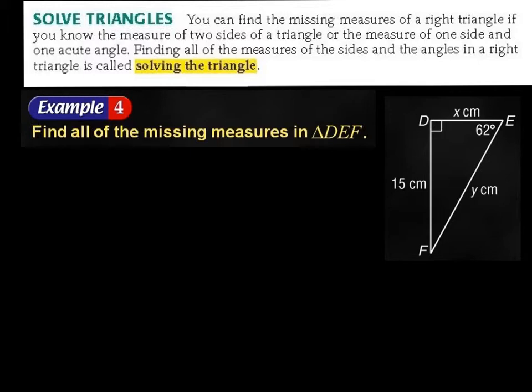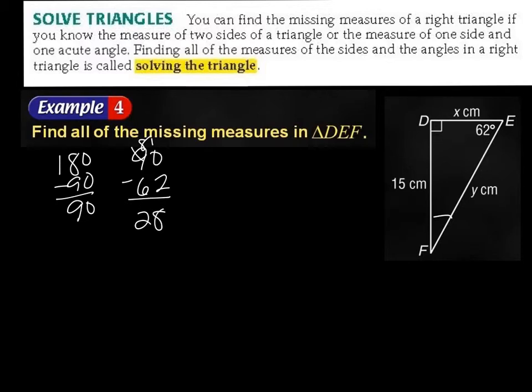Well, the easiest place to start is with the angle F that's missing. We know there's 180 degrees in the 3 angles of a triangle, and 180 minus 90 is always going to leave 90. So all we have to do is take 90 minus 62, and we get 28 is the measure of angle F.